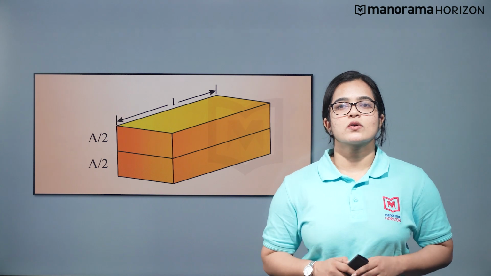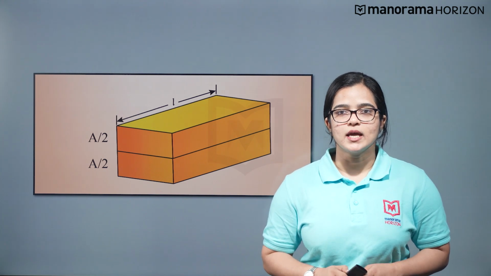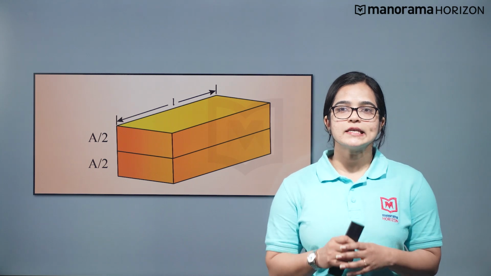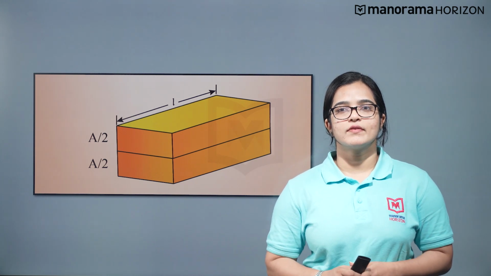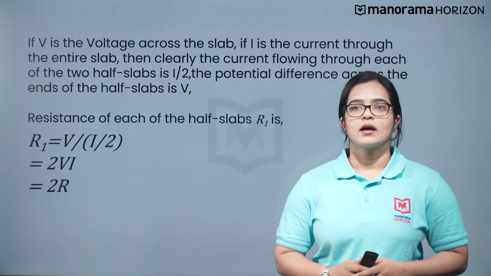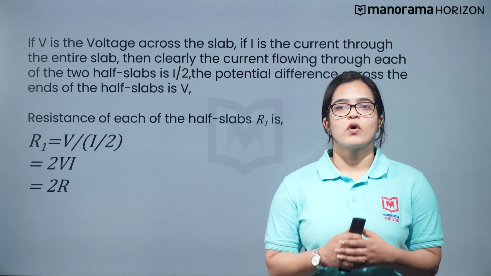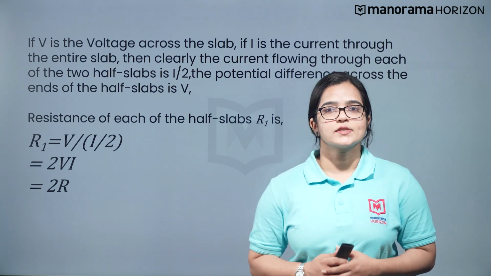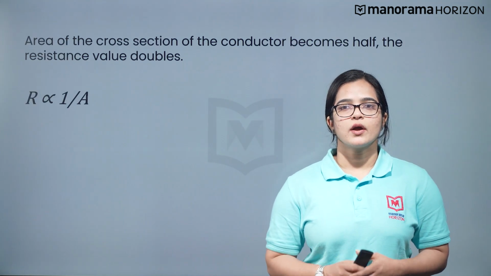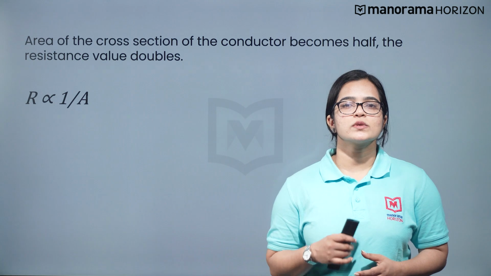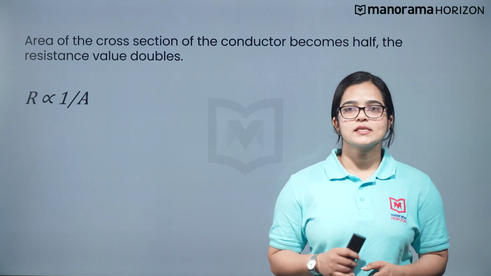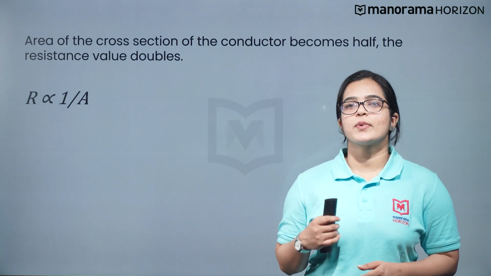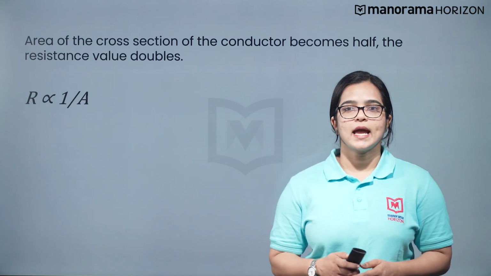Since the potential difference across the ends of the half slab is V, the same as across the full slab, the resistance of each half slab, R1, is given as the voltage divided by half the current. Thus we get 2 times the resistance value. From the above equation, we can understand that as the area of cross section of the conductor becomes half, the resistance value doubles. In general, the resistance R is inversely proportional to the cross sectional area.